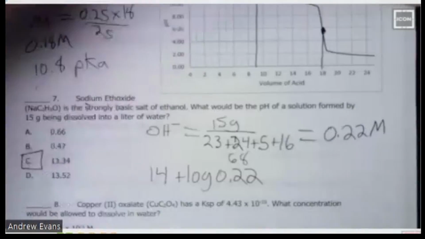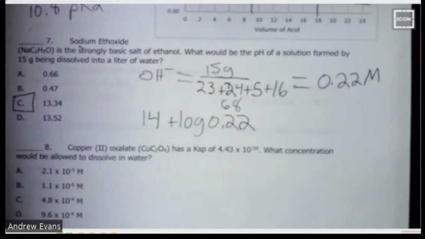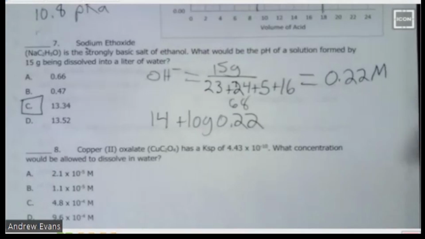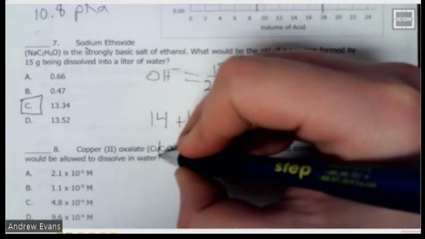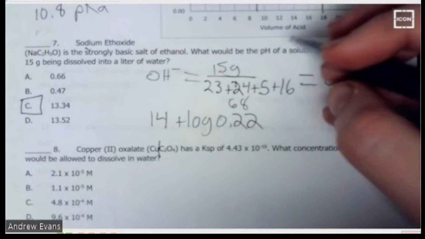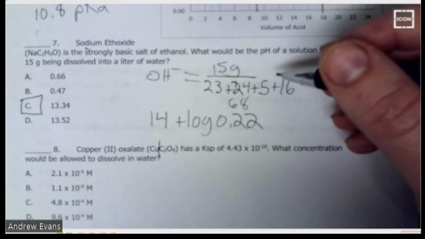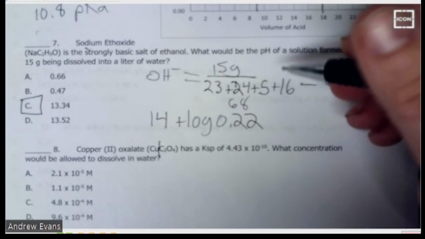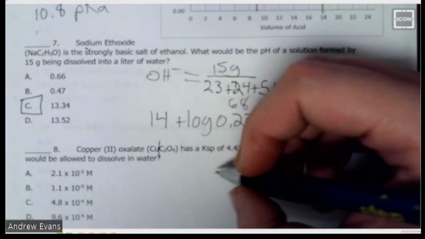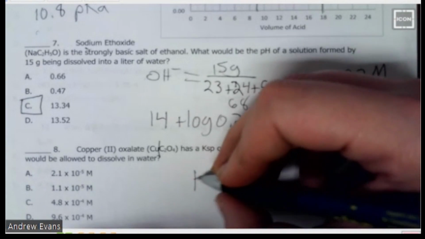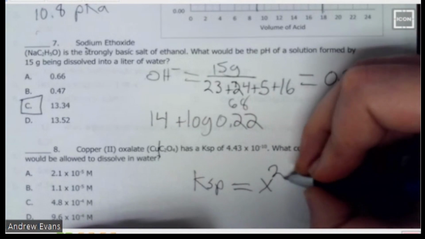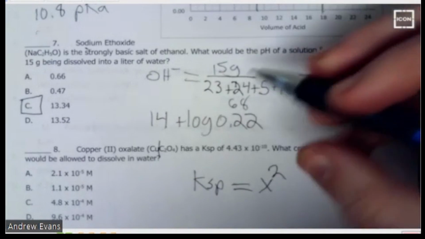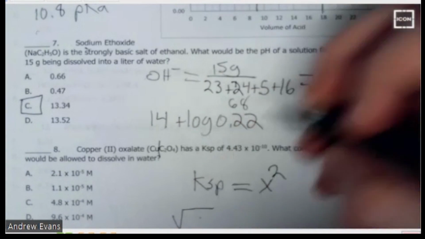And then finally on this page, last one on this page, copper 2 oxalate has a KSP. So it's going to split into copper and oxalate. KSP of 4.43 times 10 to the negative 10th. Well, what molarity would be allowed to dissolve? So KSP for a 1-to-1 is going to be equal to x squared. So to find x, you're just going to have the square root of your KSP.